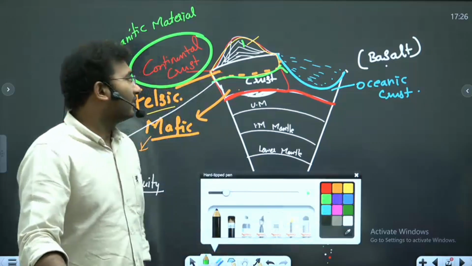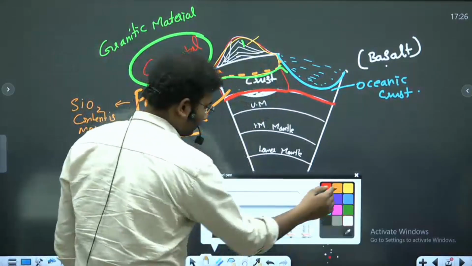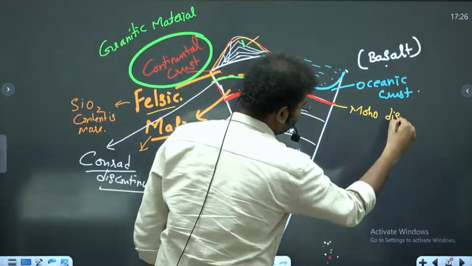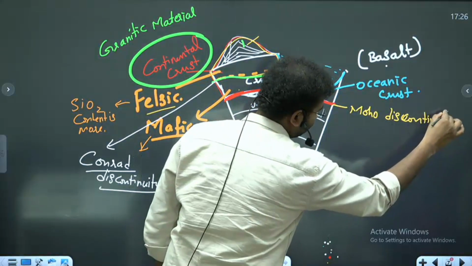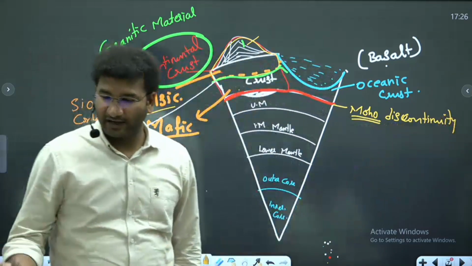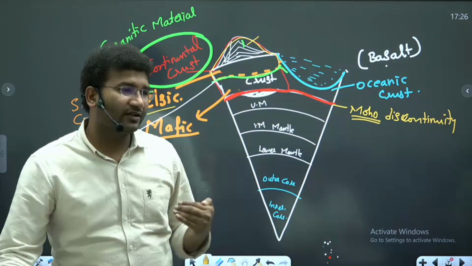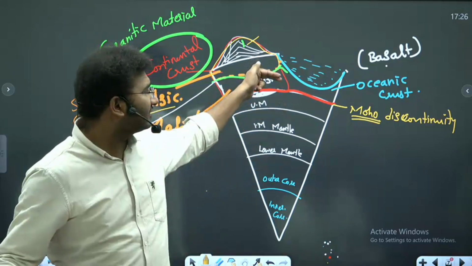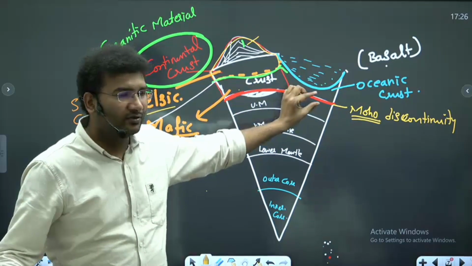Here, again, a person named Moho has identified that there is a discontinuity of the velocity of the P waves and S waves when these waves are moving from crust to mantle, and he said this layer I'll be naming it as Moho's discontinuity.